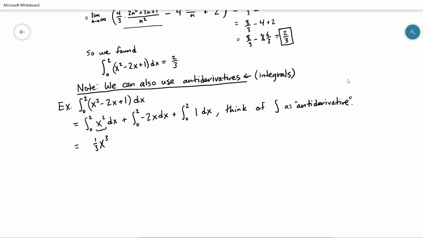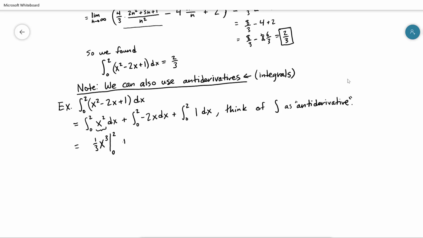Well, I'll put a factor of a third out in front. So that is the antiderivative of x squared, and I'm going to put a symbol that looks like this with my 0 and my 2 to remind me that I need to now evaluate this function at those two different points. Again, this is something we'll formalize in the next couple of sections.